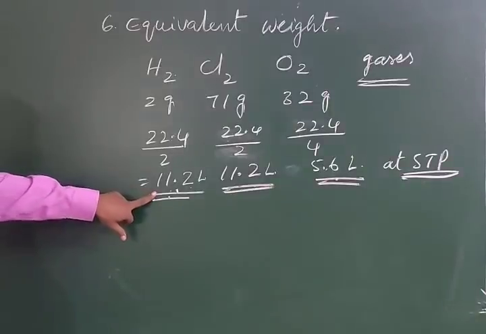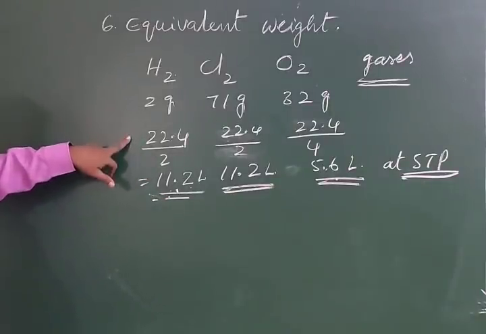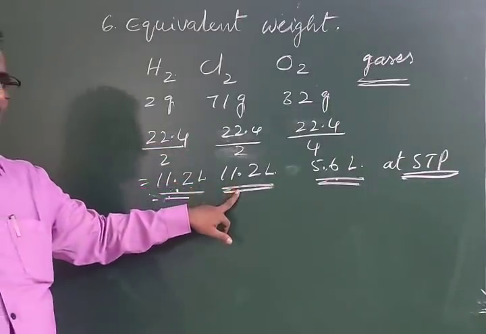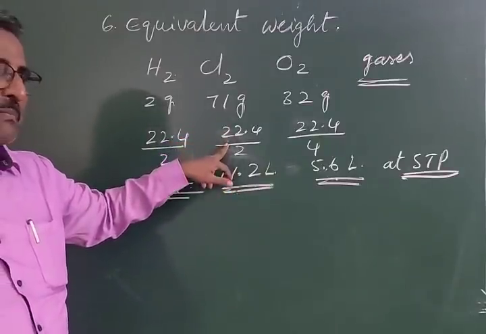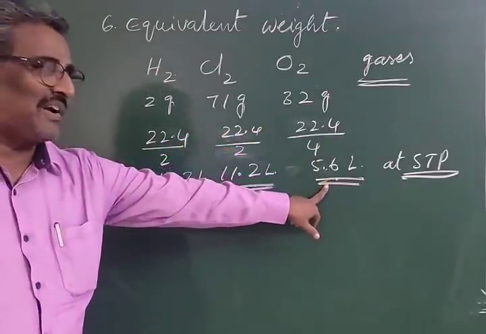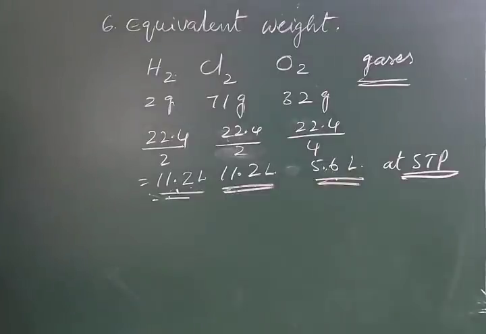So 11.2 liters is equivalent to 1 gram of hydrogen, 11.2 liters of chlorine is equivalent to 35.5 grams of chlorine, and 5.6 liters of oxygen is equivalent to 8 grams of oxygen. So equivalent weight can be defined in terms of volumes of hydrogen, chlorine and oxygen also. Okay.